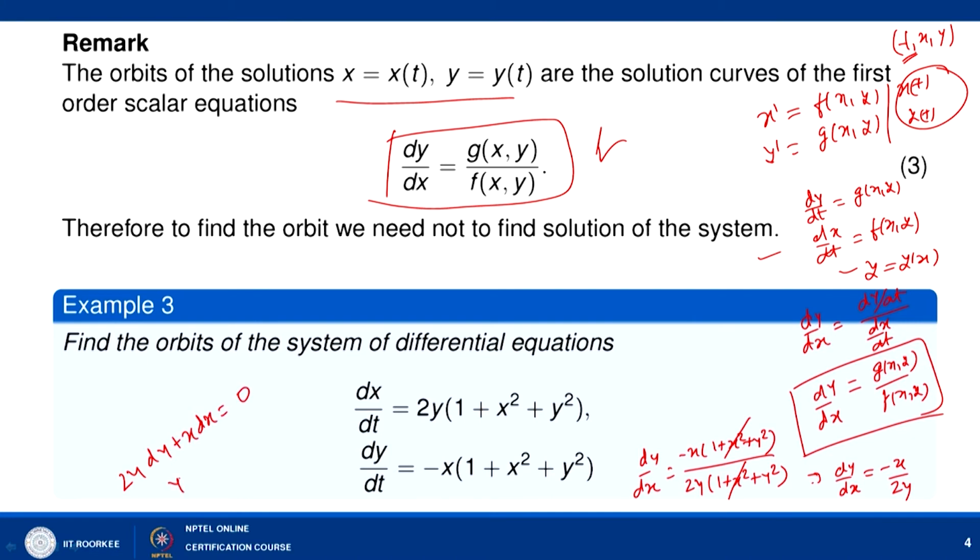So, we can say y² + x²/2 = some constant, let us say c², and this is nothing but the equation of an ellipse. So, the orbits of the system of differential equations are given by ellipses, where c is some arbitrary constant in R.